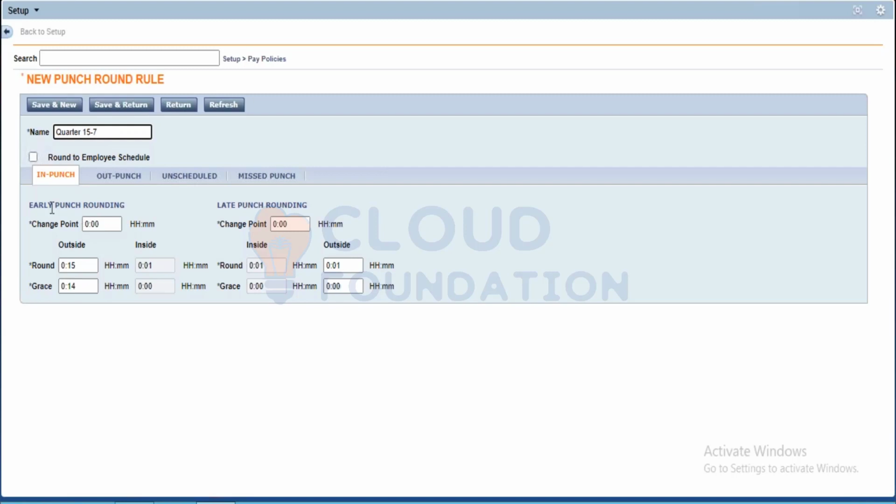So this is my early punch rounding. I'm setting it to 15, and it's going to round to the previous quarter because my grace is 14. For my late punch, I'll leave the change as it is, and I will set the round and grace as 15 and 14. Okay, yeah, this should do.